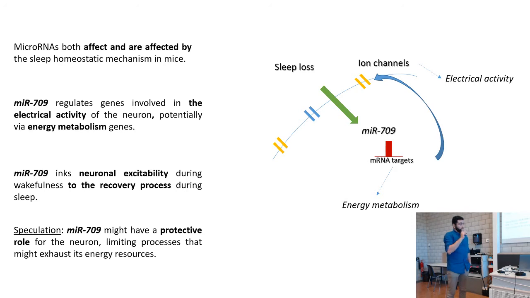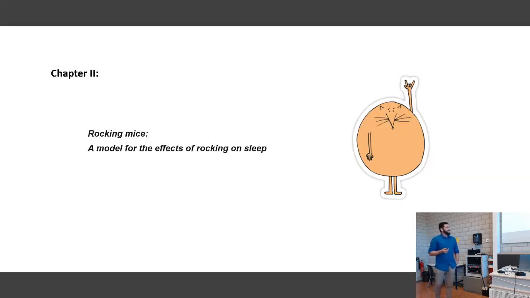So that was the first project. Now the second project is kind of a cooler project and much easier to explain. This project is called Rocking Mice, a model for the effects of rocking on sleep.